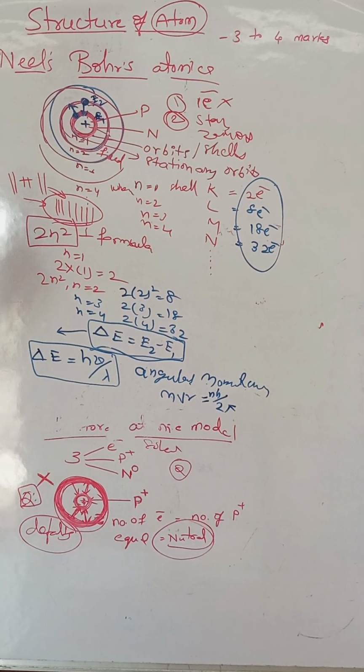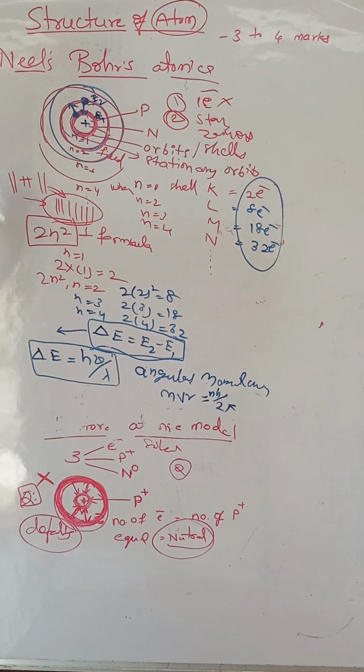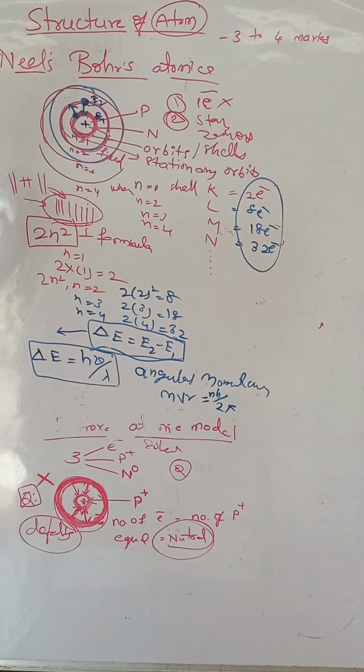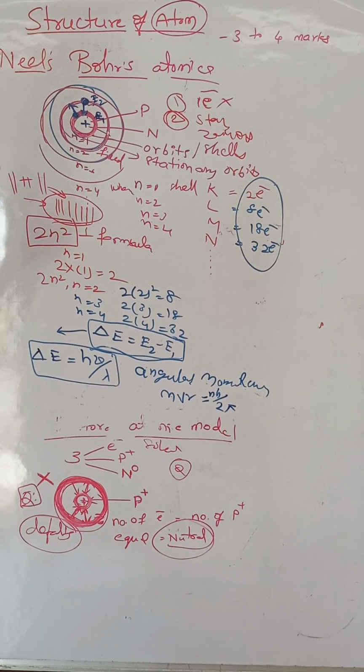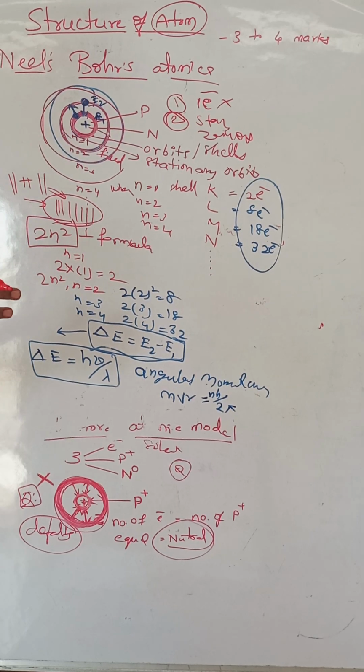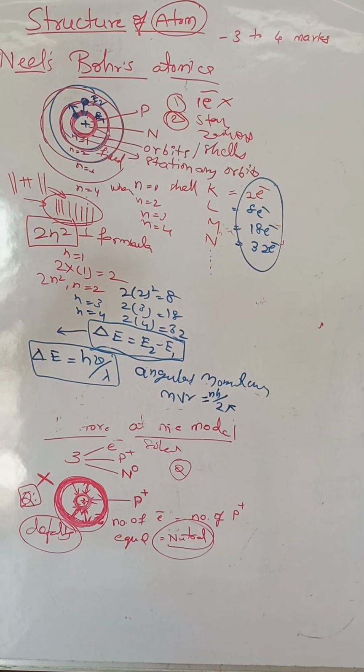That means he explains only the hydrogen atom theory. He says what the orbits are, what the stationary orbits are, how the electrons are present in the n is equal to 1, 2, 3, 4 shells, and he explains the energy levels. That's all.